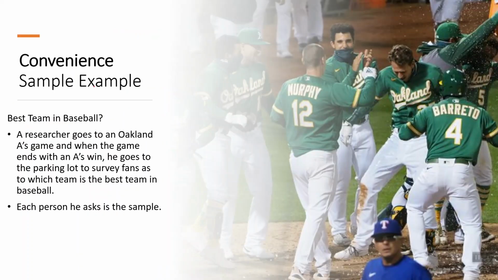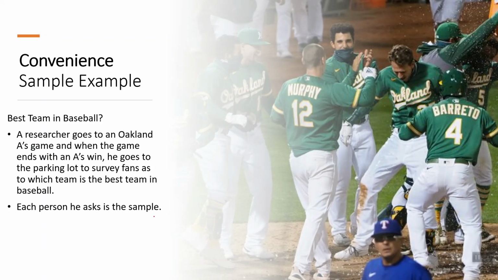And the last one is a convenience sample. We sample the people that are convenient to sample. It's a bad way of doing things, and here's why. We want to know what's the best team in baseball. A researcher goes to an Oakland A's game, and when the game ends with an A's win, he goes to the parking lot and surveys fans as to which team is the best team in baseball.